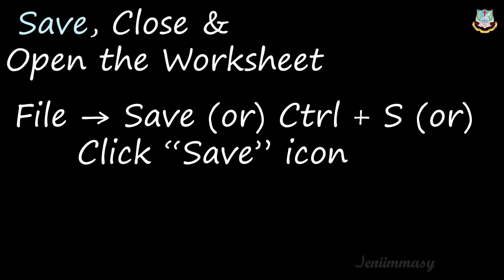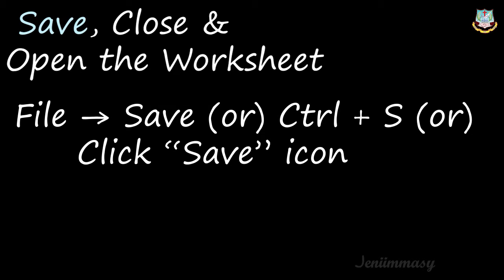There are three ways. First way is we can just go to File and select Save from there. Or we can click the Control button and S button at the same time on the keyboard. Or else you can just click the Save icon from the toolbar, right? As soon as you click that, a Save As dialog box will appear. In that, we'll have a place to type the file name.